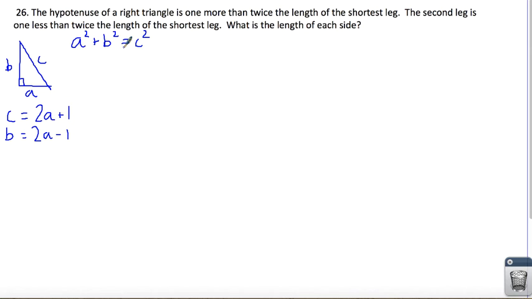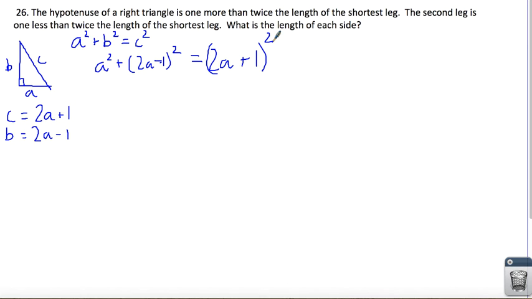So I can write A squared plus (2A minus 1) squared equal to (2A plus 1) squared. And then from here, I need to expand everything on both sides of the equation so that I can set it equal to 0 and solve it, since it's quadratic.